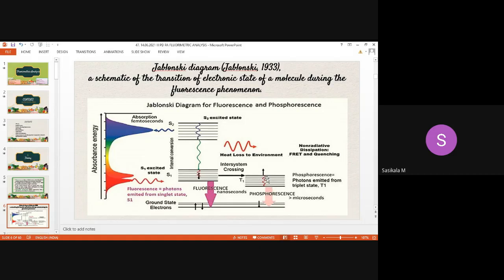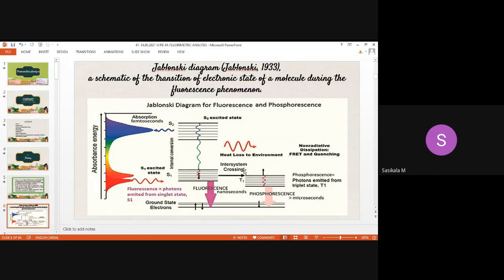This is also an unstable state, and it has to come to the ground state by emission of the remaining radiation. This is called phosphorescence. It takes microseconds, even more than microseconds. It is not an immediate emission, it is a delayed emission. Delayed emission of light is called phosphorescence.